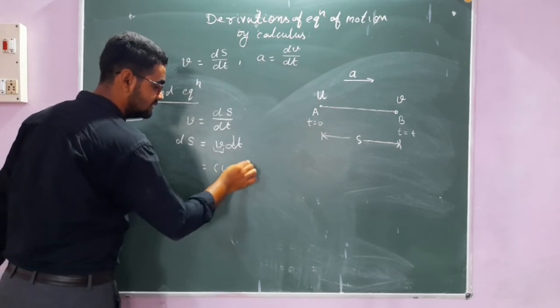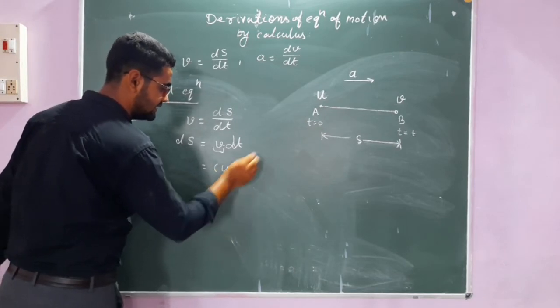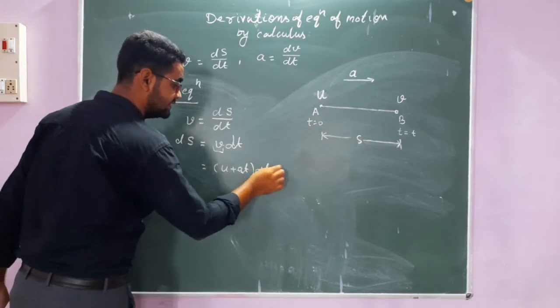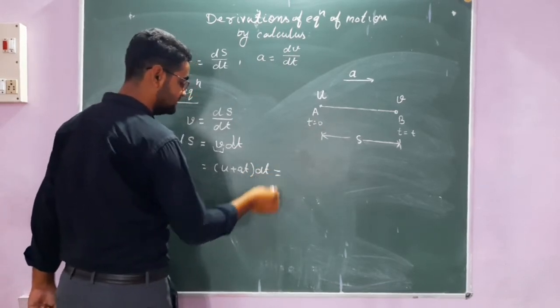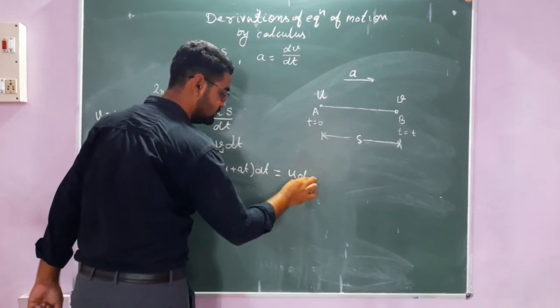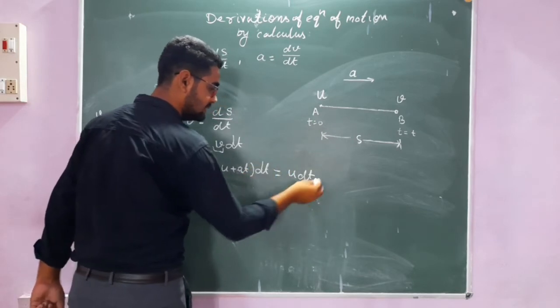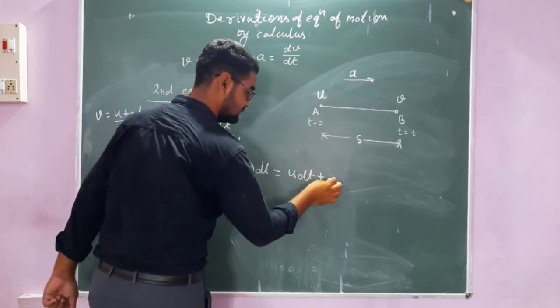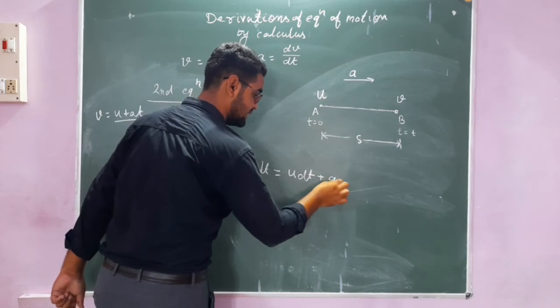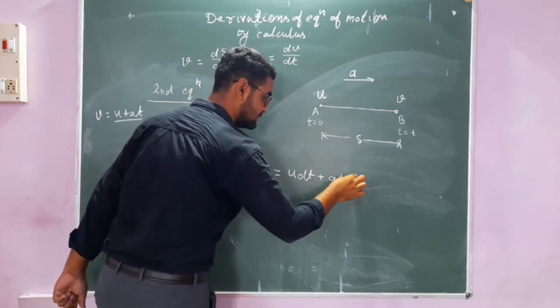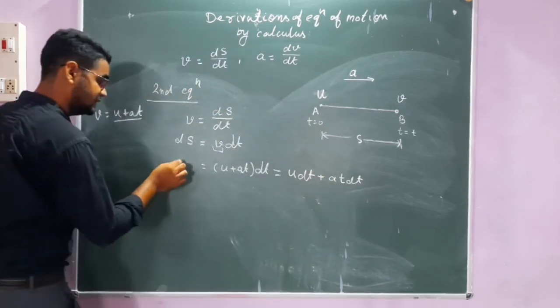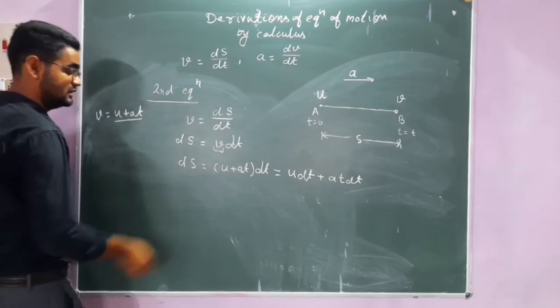Then we can say that this will become u plus at dt, or on simplifying, this will become u dt plus at dt.